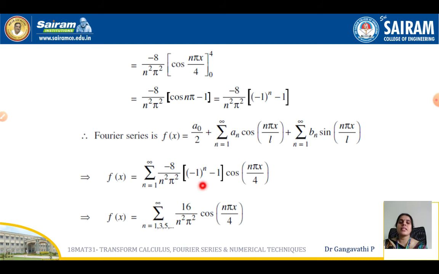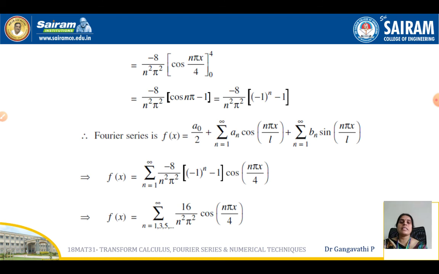When n takes an even value, this term becomes 0. So the summation n is equal to 1 to infinity can be written as the summation over 1, 3, 5 to infinity, only the odd values. So this gives us the minus 2 answer. Minus 2 and minus 8 is 16 by n square pi square, and cos n pi x by 4 is there as it is. So this is the Fourier series expansion.